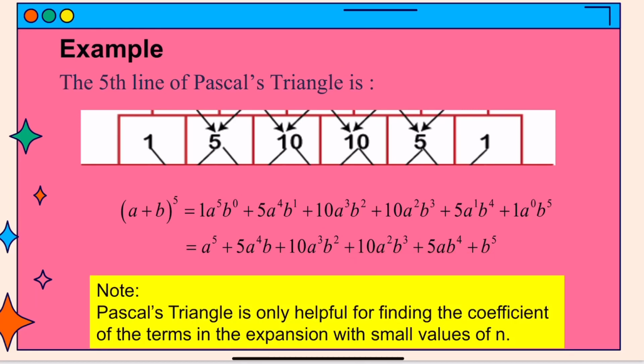From this expansion, you will notice that the power of a is decreasing and the power of b is increasing. Note that Pascal triangle is only helpful in finding the coefficient of the terms in the expansion with small values of n.